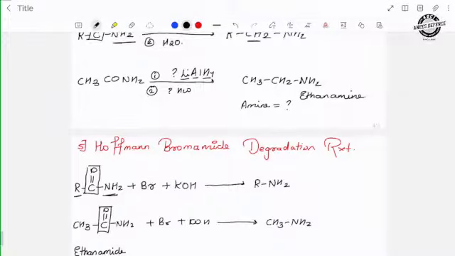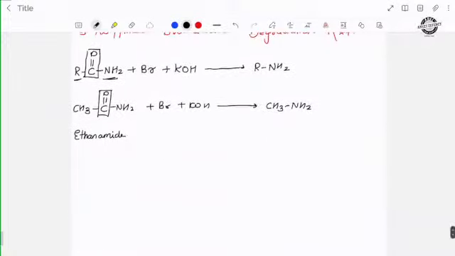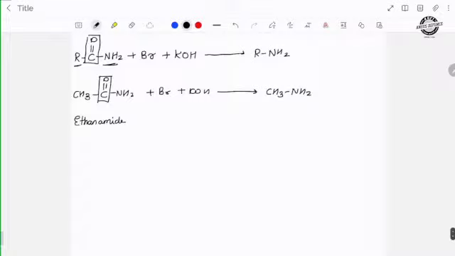Done. If you're using benzamide, what would be the product? Benzamide is nothing but benzene joined with the amide, that is C double bond O NH2.